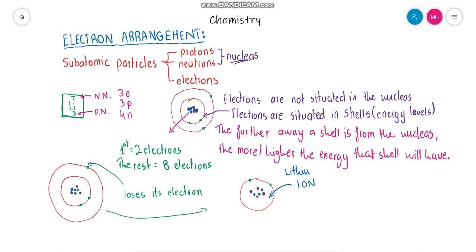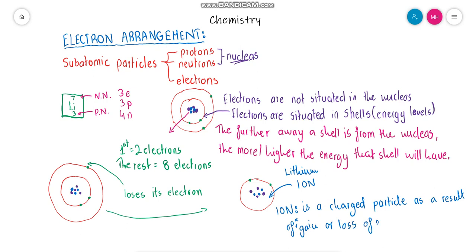Now, what is an ion? We'll talk about chemical bonding and ions in the next video. Just for your reference, an ion is a charged particle as a result of a gain or loss of electrons.